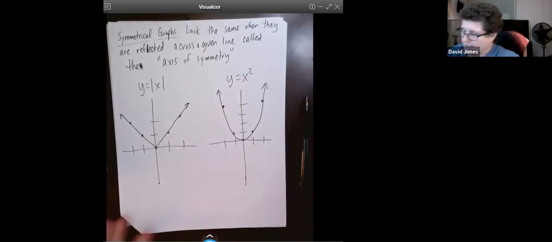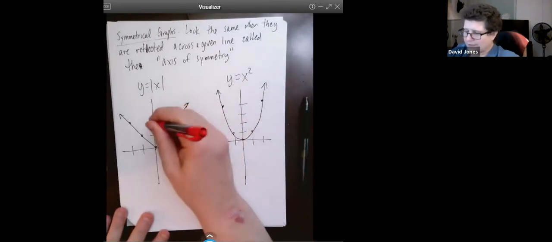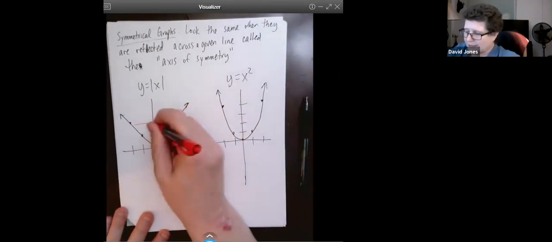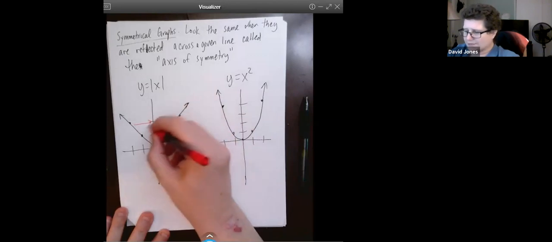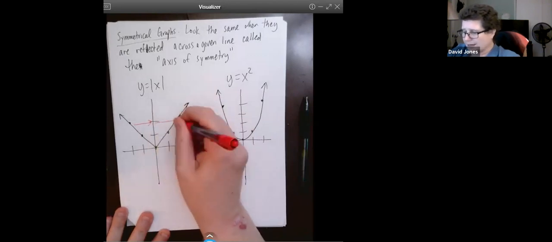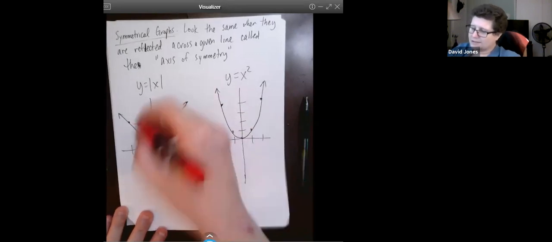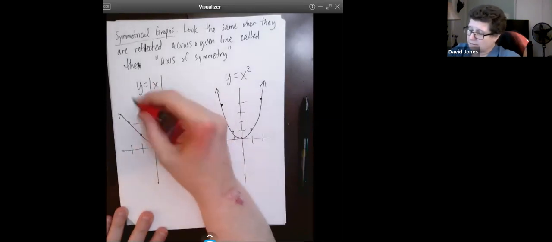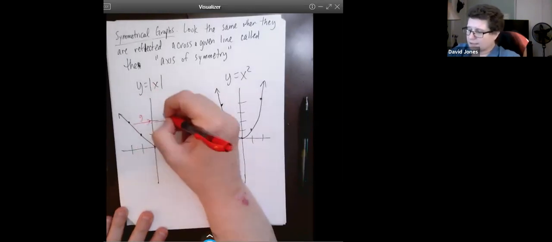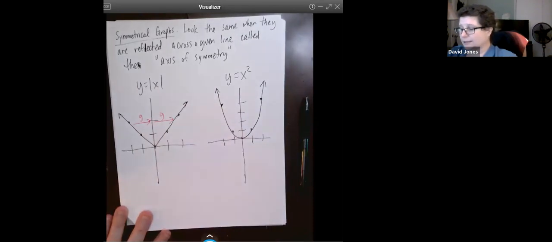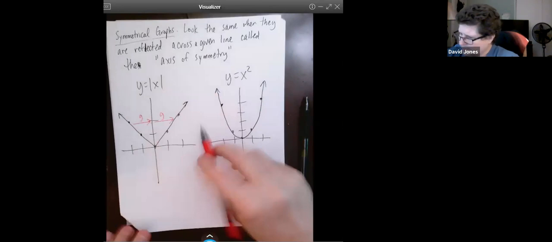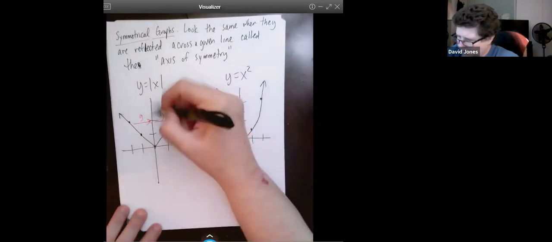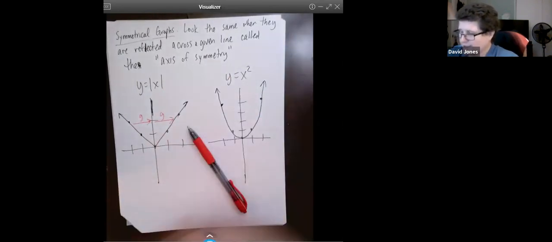In both of these, if I take a point on the left, however far across that is from the y-axis, I can go the same distance over here. So if this is like g units, then I would do g units that way. This line right here, I'll use green.